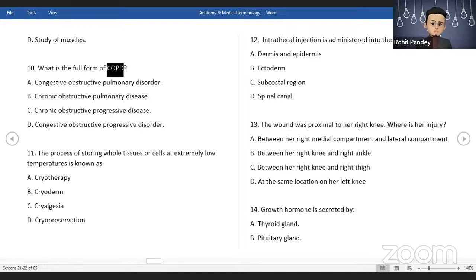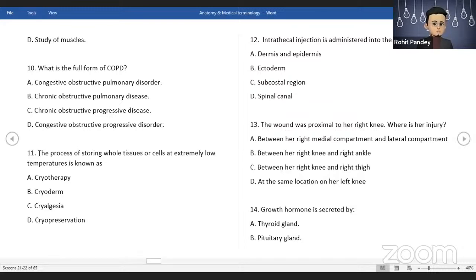Let me tell you more about COPD. Chronic obstructive pulmonary disease is a common lung disease causing restricted airflow and breathing problems. It is sometimes called emphysema or chronic bronchitis. In people with COPD, the lungs can get damaged or clogged with phlegm.